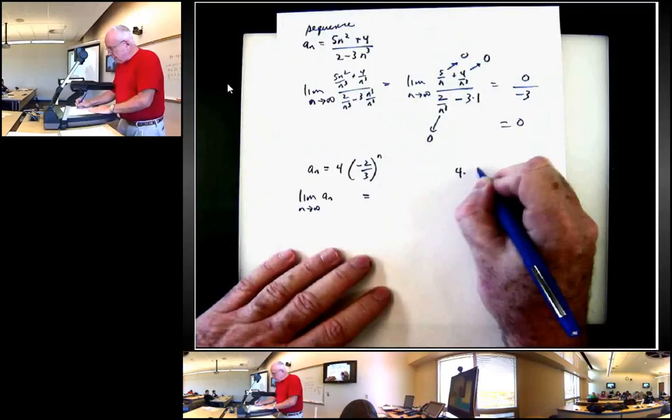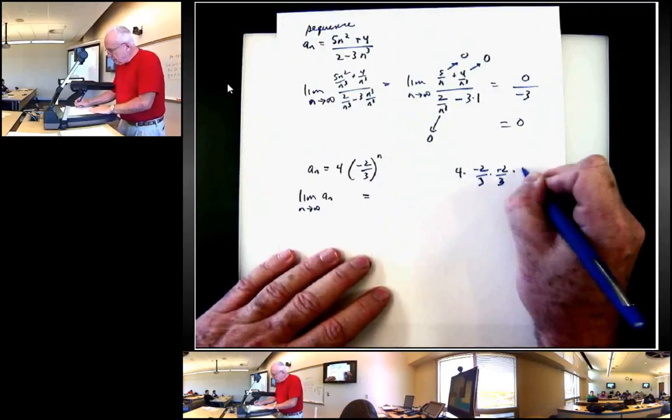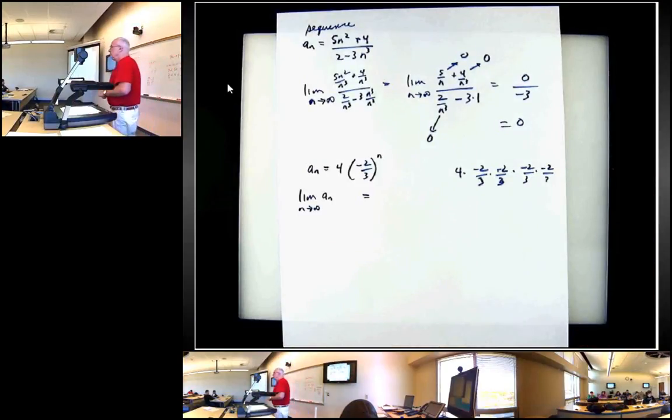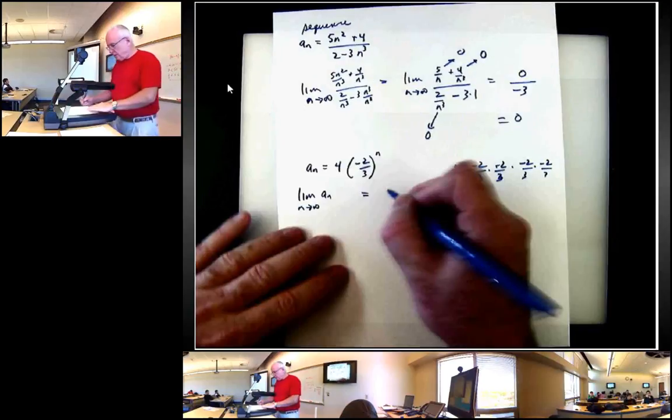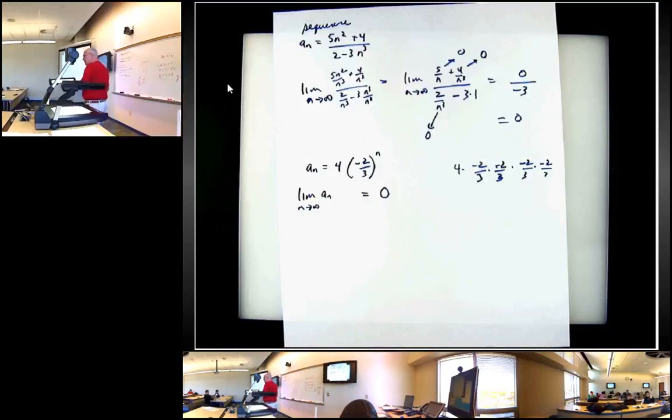So we have 4 times minus 2/3 times minus 2/3 times minus 2/3 times minus 2/3. Yeah, 0. Once we keep multiplying by this fraction, we get smaller and smaller values. They go positive, negative, but they keep getting smaller and smaller around 0. So that's exactly where we head here. It equals 0. We're not summing things up. This isn't a geometric series. We're just looking at where it equals 0.